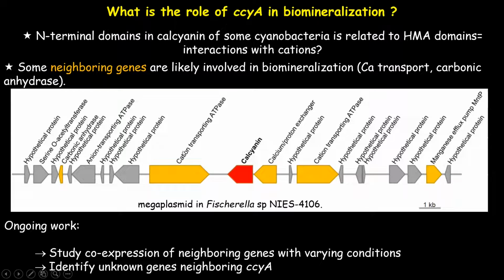And basically, we don't know for several of them. So this gene or this protein is most likely involved in the formation of carbonates, intracellular carbonate. We don't know how, but it's involved, and for sure, it's a marker of this biomineralization.